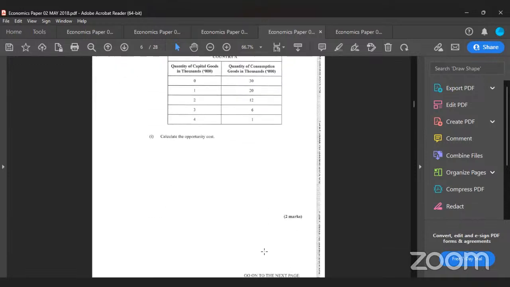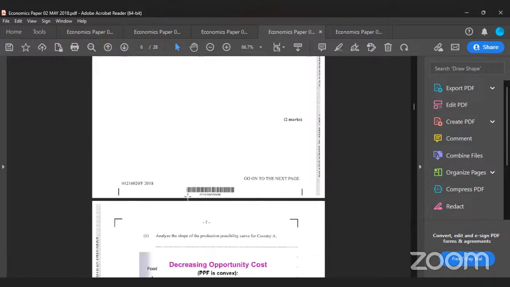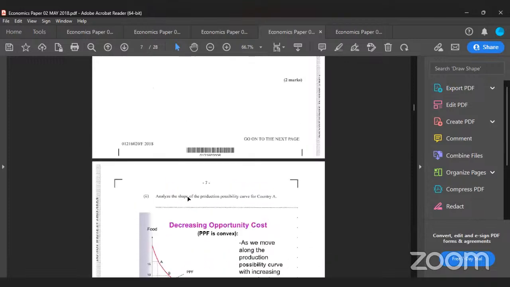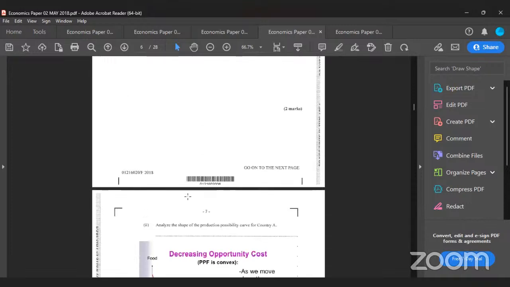So let me reiterate that. Typically, to produce more of this good, you'd have to give up more and more of the other good. However, in this case, you're giving up less and less each time to produce more and more of this. So in this case, you have decreasing opportunity costs. Typically, you have increasing opportunity costs, however, this time you have decreasing opportunity costs.